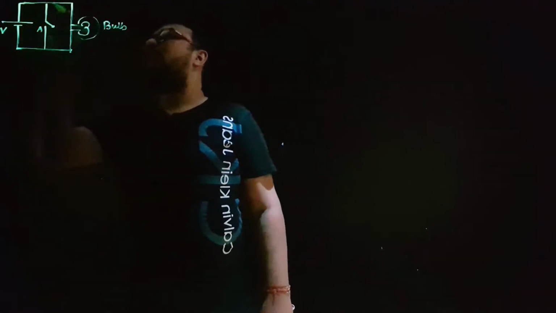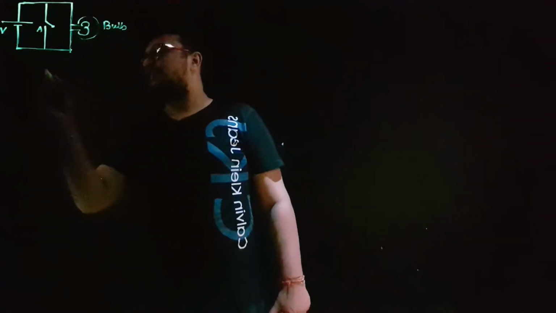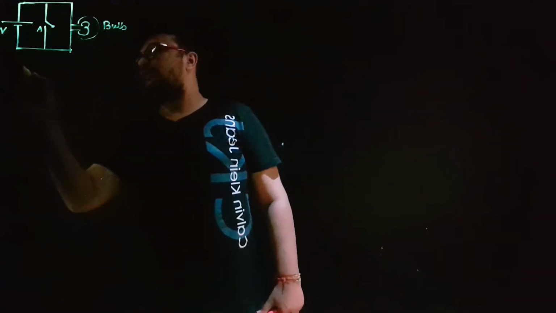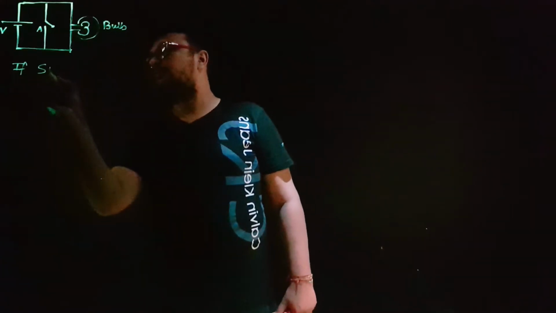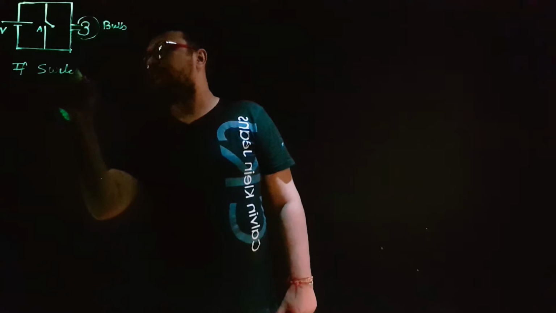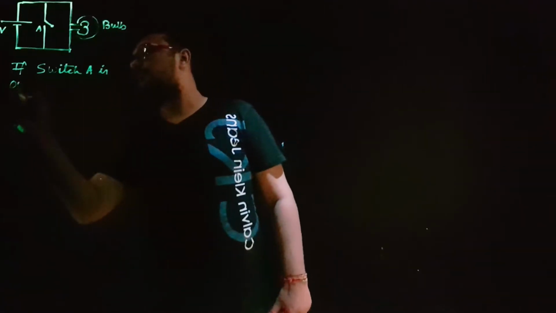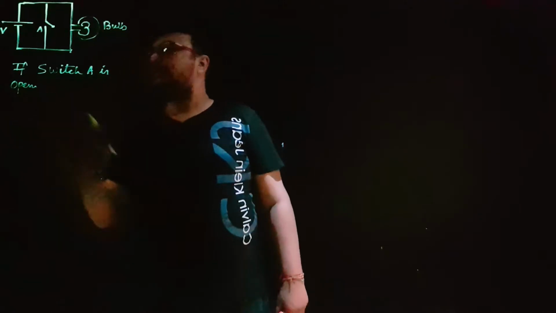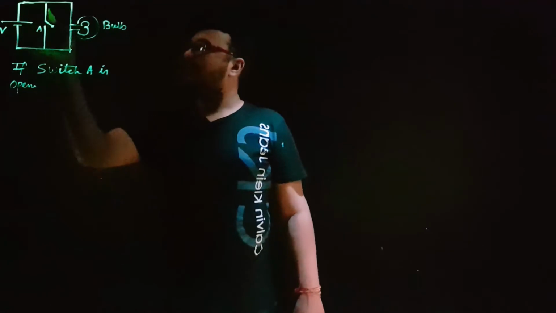So remember, for one switch the number of options will be 2 raised to n, that is 2 raised to 1 is 2. Only two options are possible, that is either switch A is open or switch A is closed. If switch A is open, then obviously current will not flow through switch A because it is open.